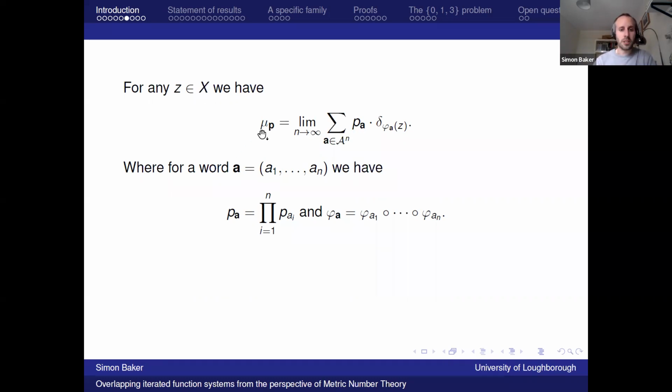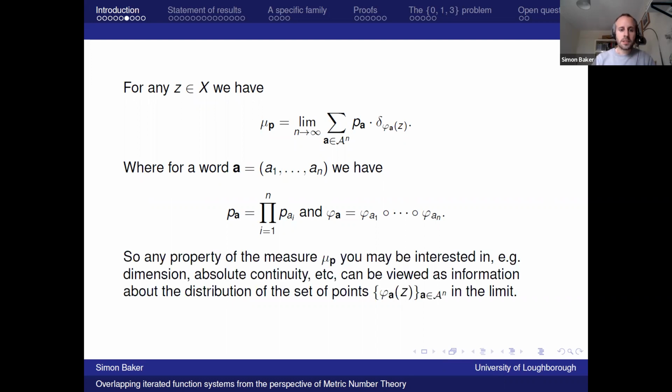Just to emphasize a bit of notation here, if I have a finite word of length n, then I'm going to denote p subscript a by the product of the probabilities corresponding to the entries in this word, and I'm going to denote by this map here, subscript a, the composition of the maps corresponding to the entries in this word.